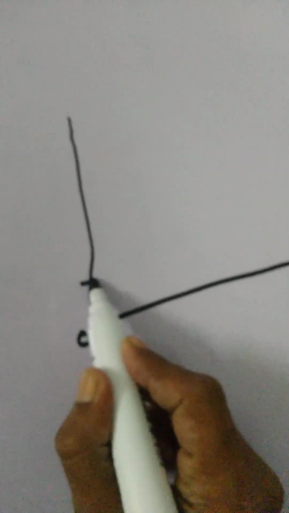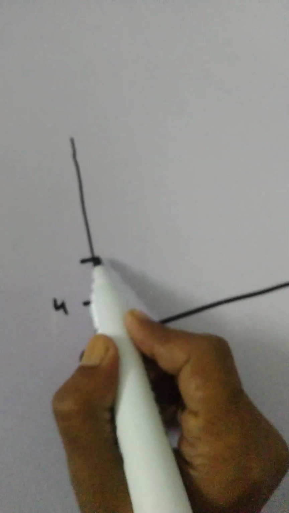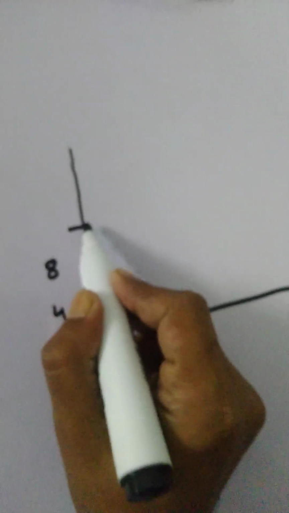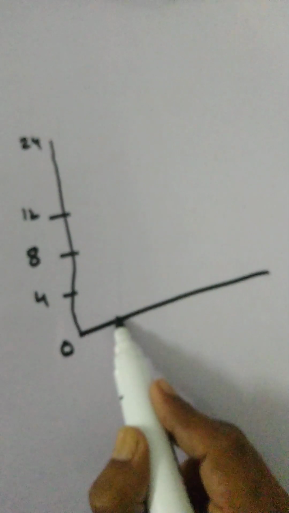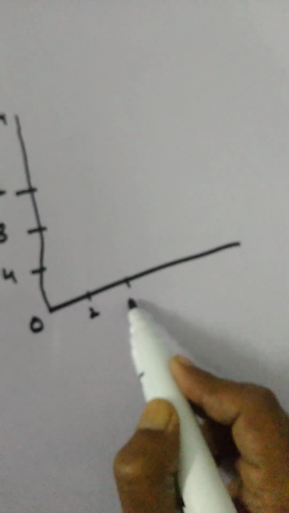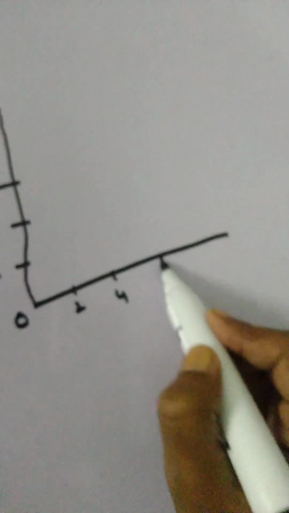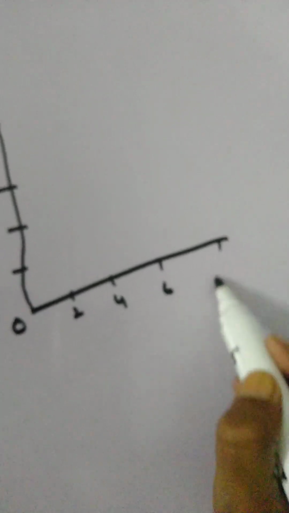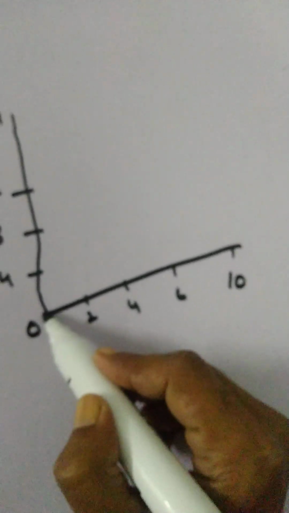First of all, we are making a graph over here, with 12 and 24, and 2, 4, 6 and 10.